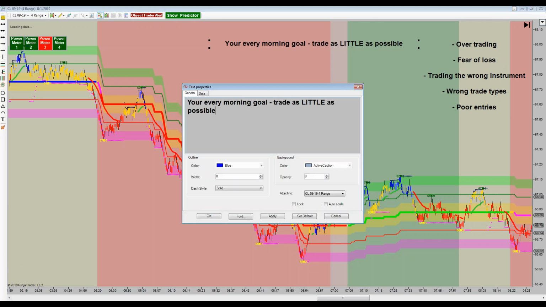So when you are in a trade, any trade, really, that equals risk. And risk equals exposure to the market.